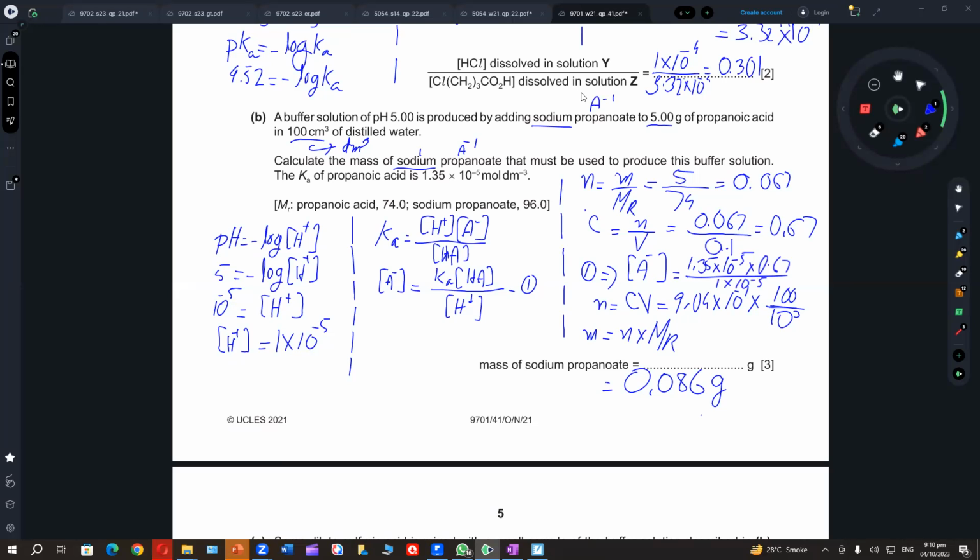Okay, now I'm getting 0.603 for A minus. Yes, okay. 0.603 times the volume, it will be 0.0603.